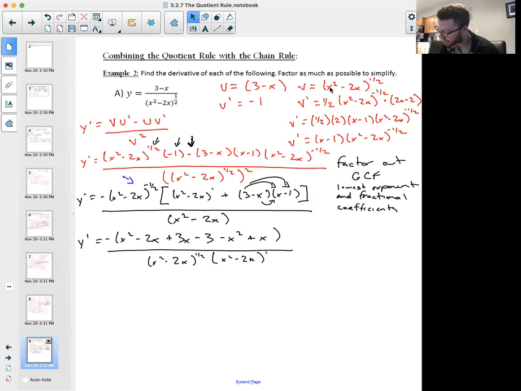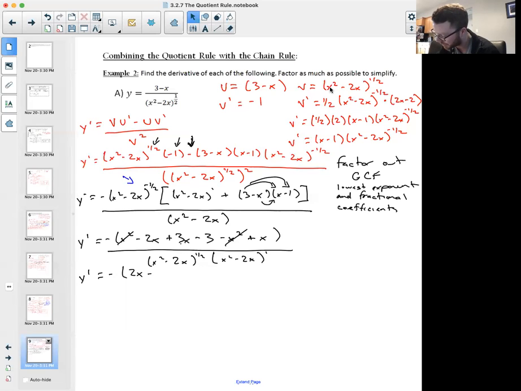Okay, we can clean this up a little bit. So we have a negative 2x, positive 3x. We got a negative x squared, and we have another positive x and a coefficient in there. So we're still going to have our negative out front. X squared minus x squared, those will cancel. We have negative 2x and positive 4x. So that will leave us with 2x.